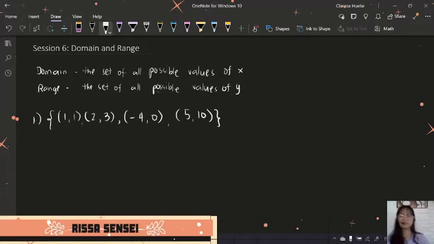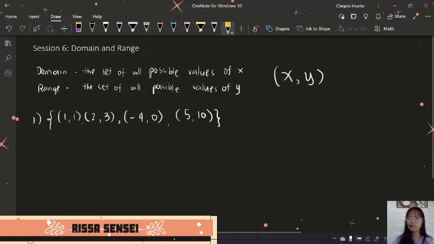So, to get the domain, di ba, kapag nagsusulat tayo ng coordinates ng point, nauuna palagi ang value ng x to be followed by the value of y. So, meaning, kung ano yung mga nauuna, yun ang ating domain. So, the domain are, I'll be using braces, {1, 2, -4, 5}. So, ayun lang. Tapos na.